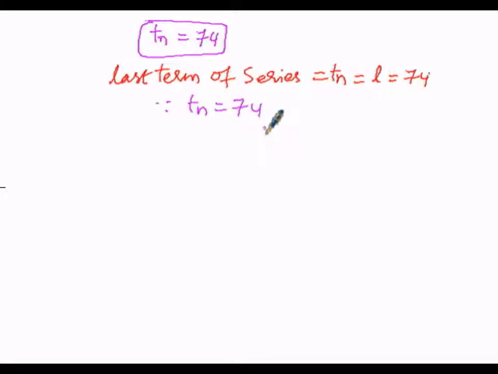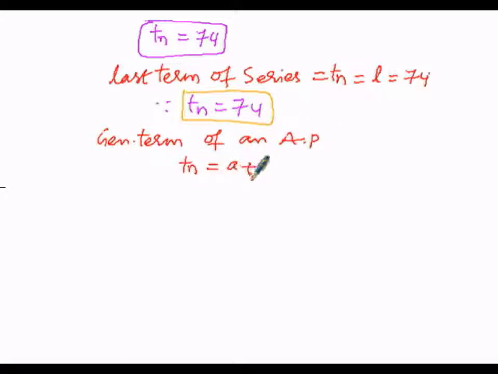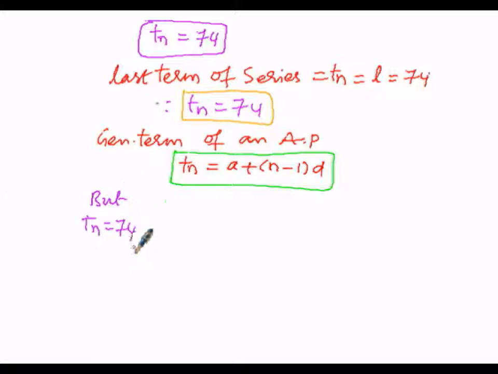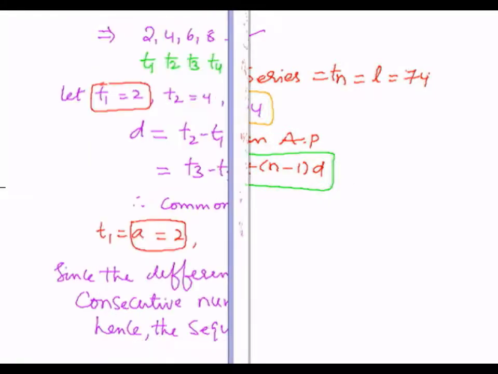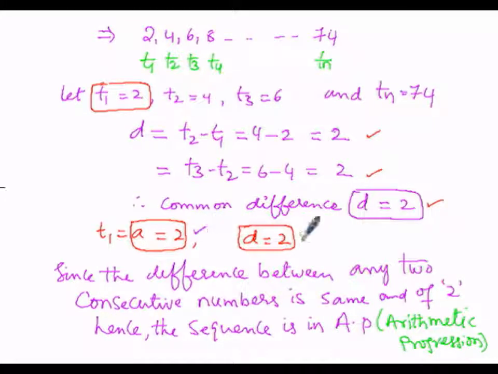We know that the nth term is the general term of an AP, and Tn is given by the formula A plus (n minus 1) into D. Based upon this formula, the nth term Tn is 74 as per the problem. Now we got the A value as 2 and D as 2.